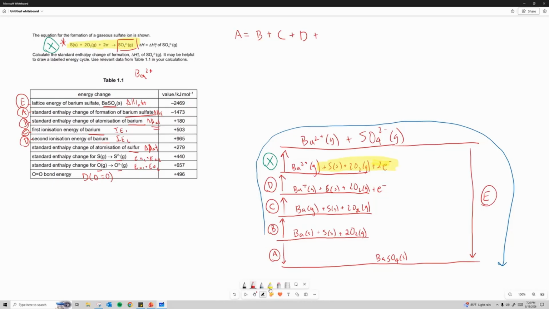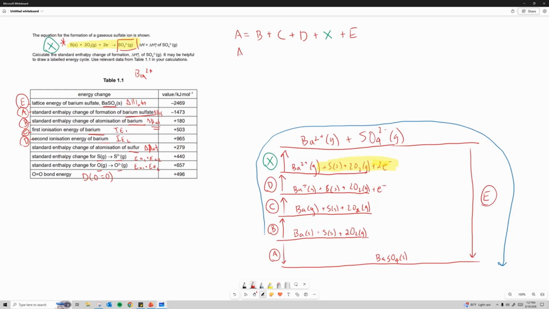plus X, so we'll change the color here, plus, on the other side here, E. But what we're looking for is X, right? So we're going to use some simple algebra that we learned God knows when.